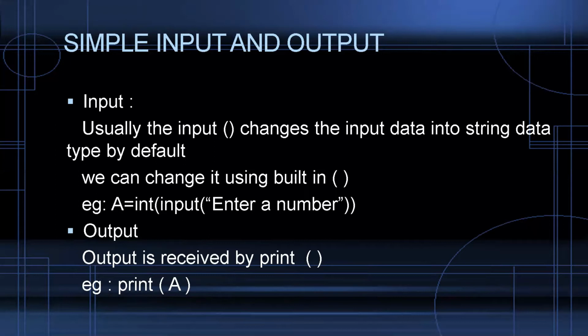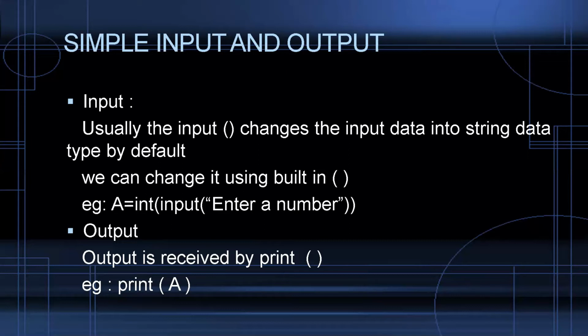For example, a = int(input('enter a number')). If we give an integer number, then this is the format to use. If in case we give a decimal point number, for example 12.5, then this will show an error. Here we want to write a = float(input('enter a number')). This will vary according to our requirements.